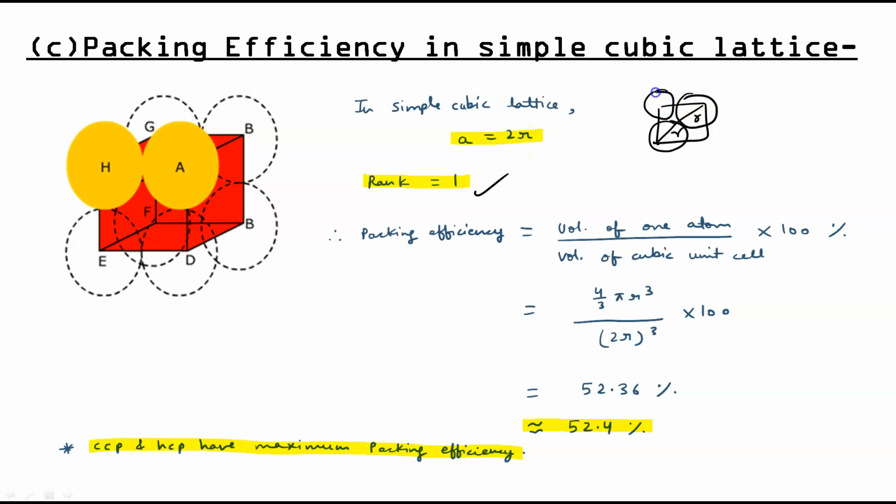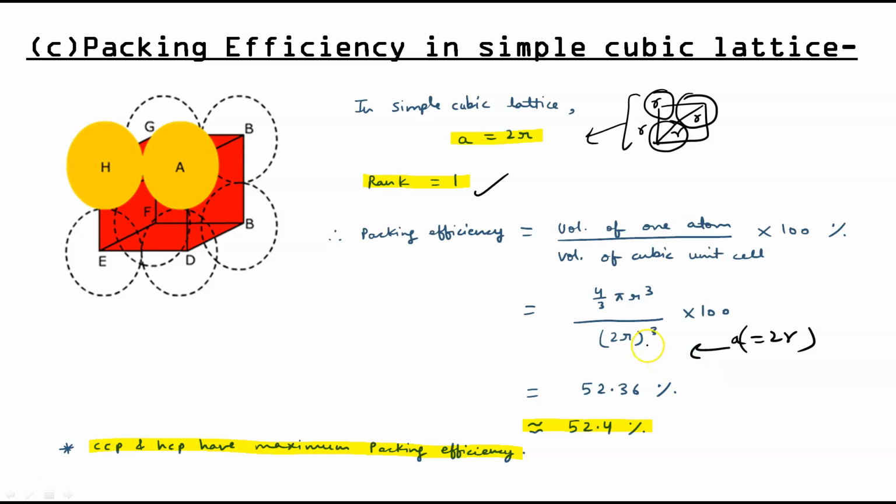Similarly for these sides, also R. Now packing efficiency: volume of one atom upon volume of the cubic unit cell, total volume, into 100%. This is 4 upon 3 pi r cube, because the constituent particles are considered as solid hard spheres. For the sphere, the volume is 4 upon 3 pi r cube divided by the volume of cubic unit cell, because A equal to 2R.